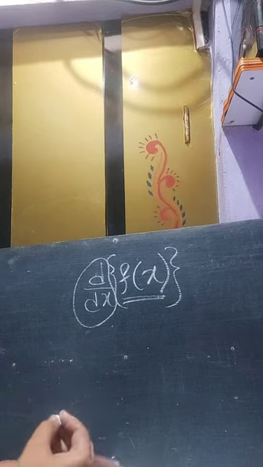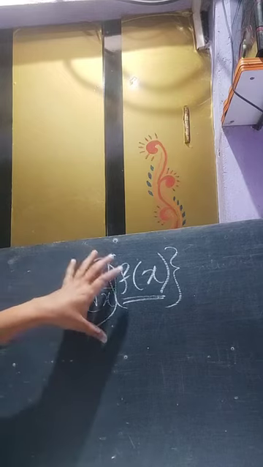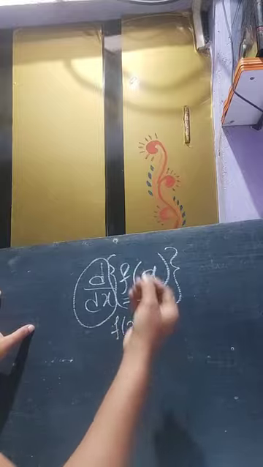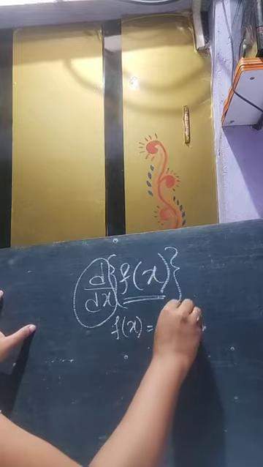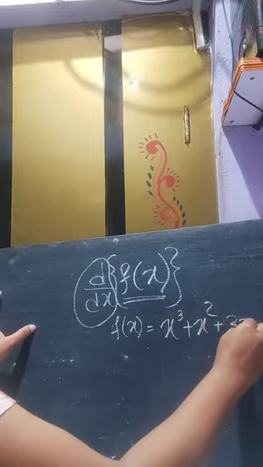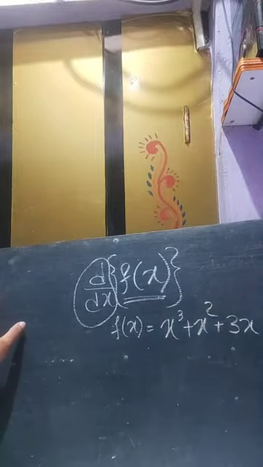Now there are some formulas for how we can operate this. Suppose f(x) equals some polynomial, say x cube plus x square plus 3x. This is the polynomial.